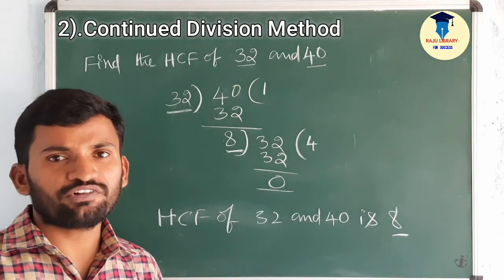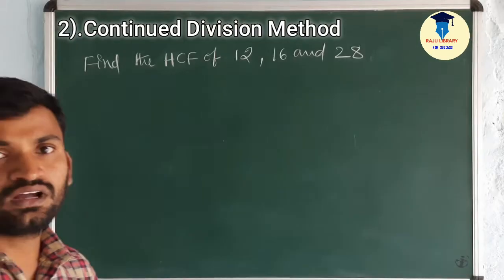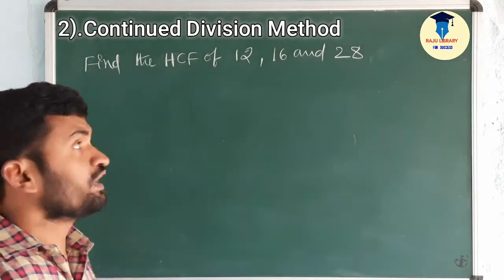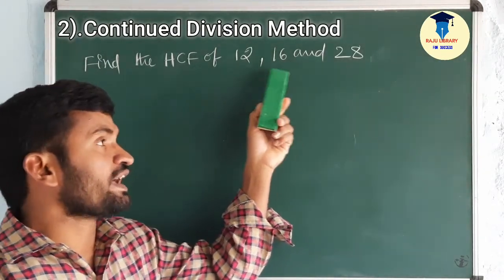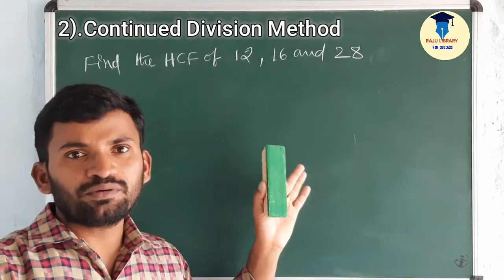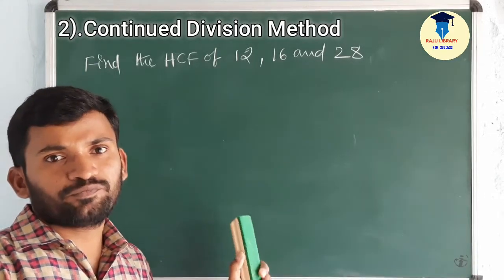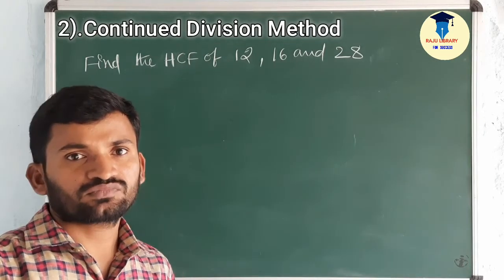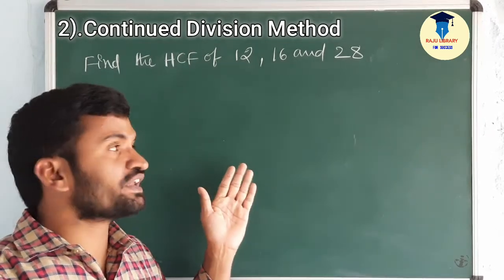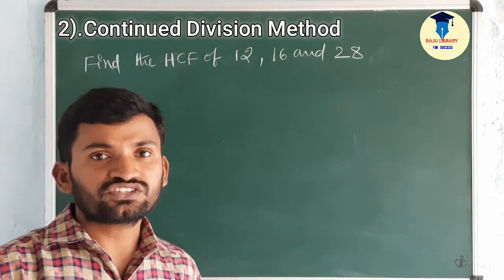Okay, how to find the HCF for three numbers? Let us see one more example. Find the HCF of 12, 16 and 28. This problem we already solved first, using the prime factorization method. Using the continued division method also, let us find the HCF.